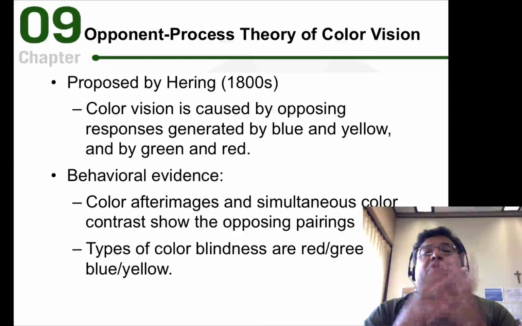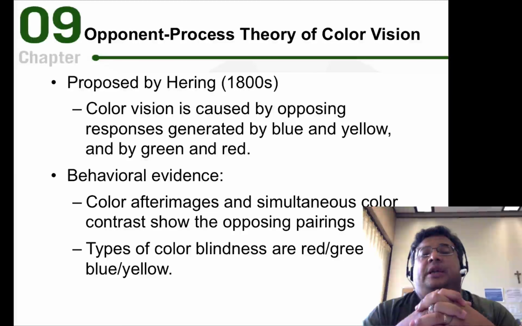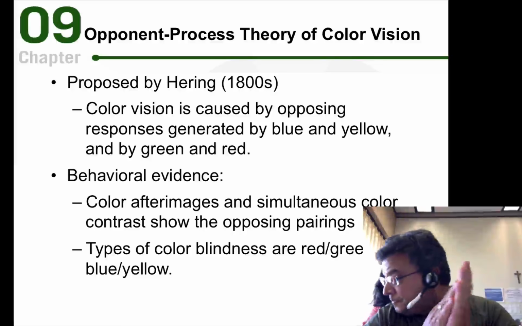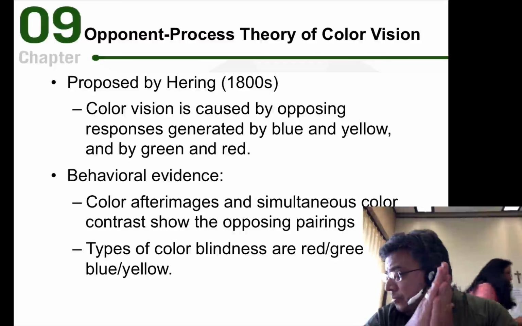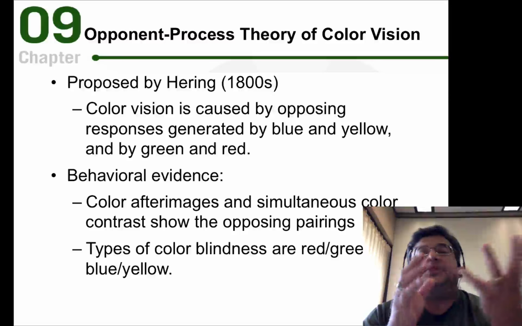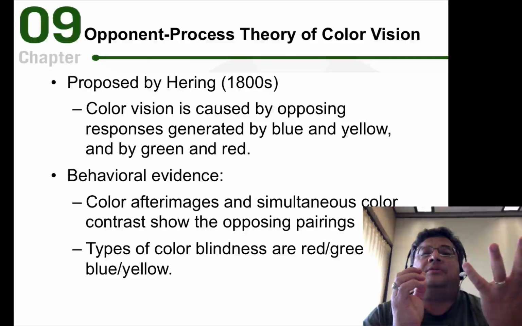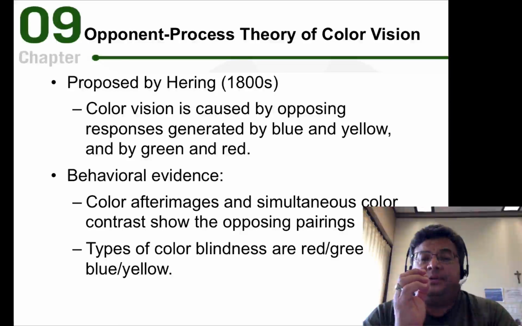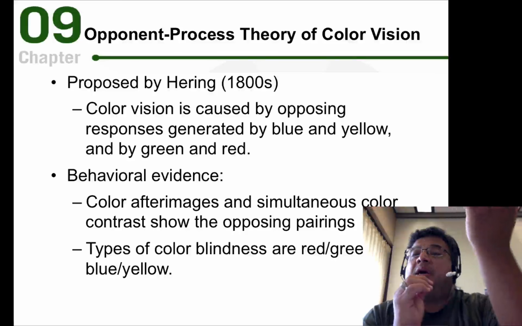So, for example, there's one process that mediates the perception of the colors blue and yellow. Whenever you view something that's blue, this process produces less output. Whenever you view something that's yellow, the process produces much higher output.